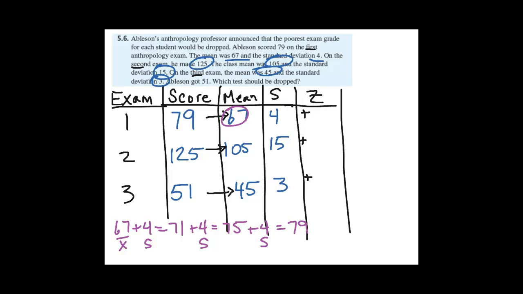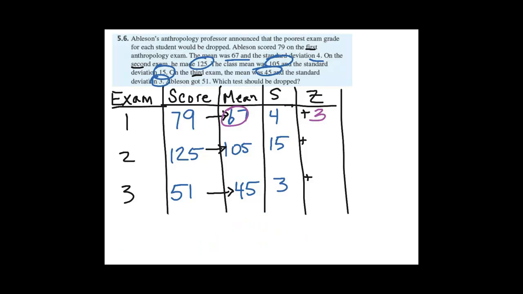Could have even been the highest score in the class, because he would have had a z-score of plus 3, 3 standard deviations above the mean. In case you can't tell, I'm trying to wean you off of just looking at the equations and start to think about what these things mean and how to interpret them.